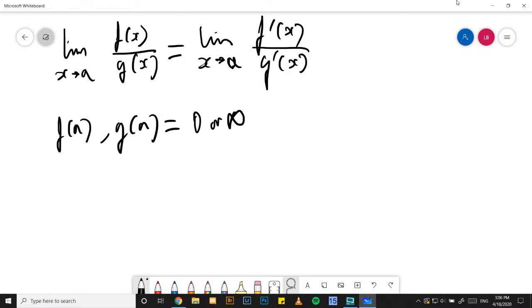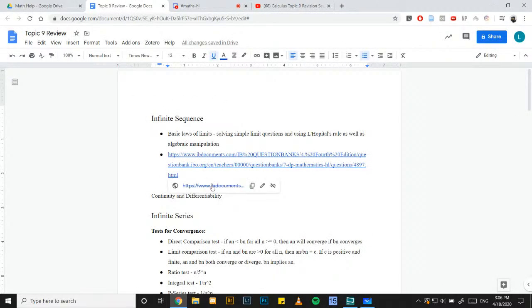So you differentiate both the top and the bottom. This is the general rule for limits, which is pretty simple to use. A quick example is this document right over here.